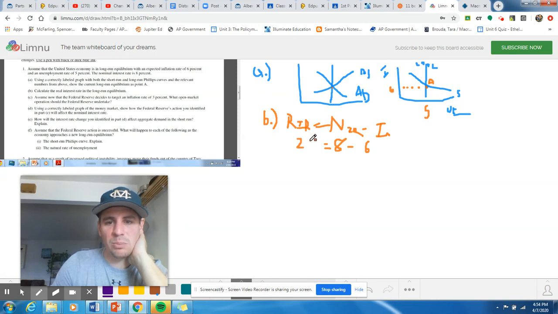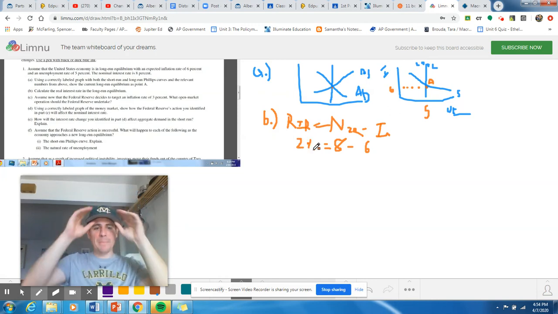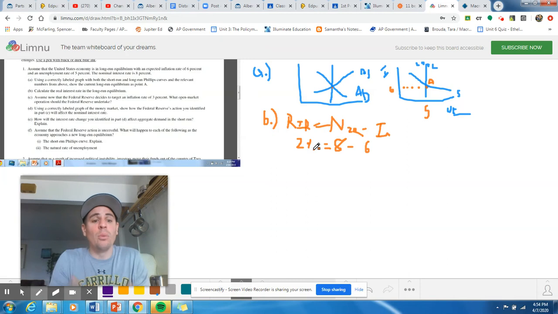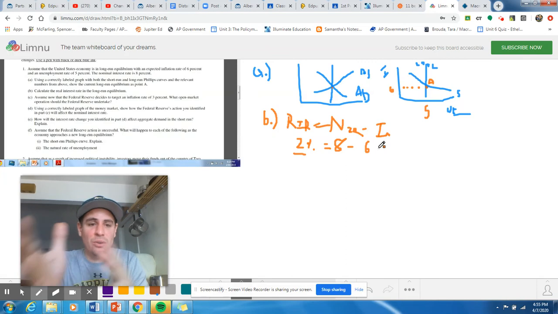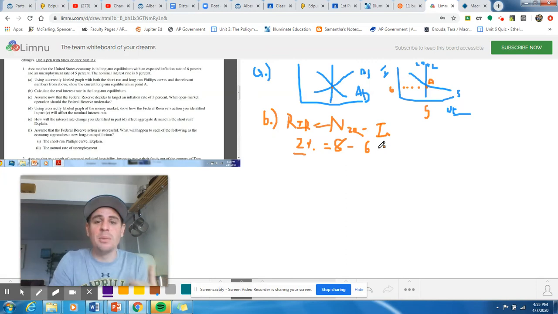And what this means, the real interest rate is whether or not banks win on that loan. Banks are issuing loans. If it is a positive real interest rate, which it is, that is a win for the bank. And just think of it conceptually. Well, the banks are charging a higher rate to its customers, 8, than what the inflation is. So yes, they're going to win. Well, anytime inflation is greater than the nominal interest rate, the banks are going to lose.